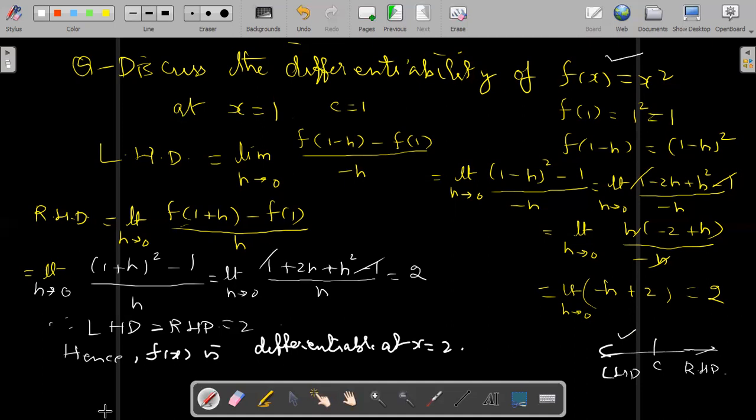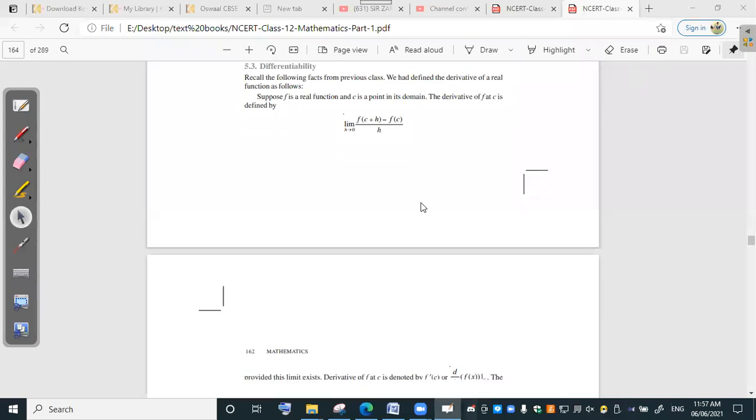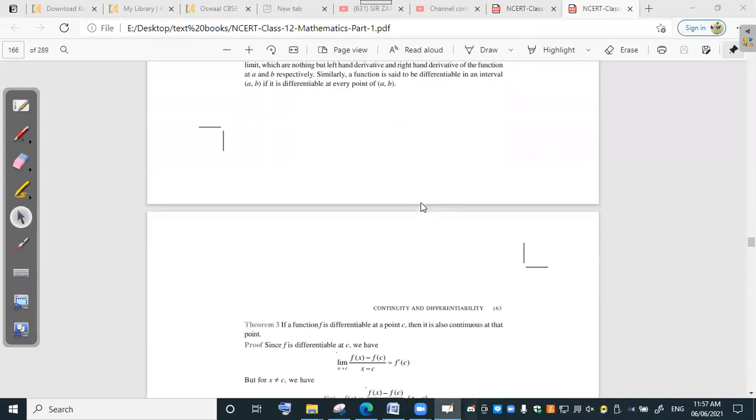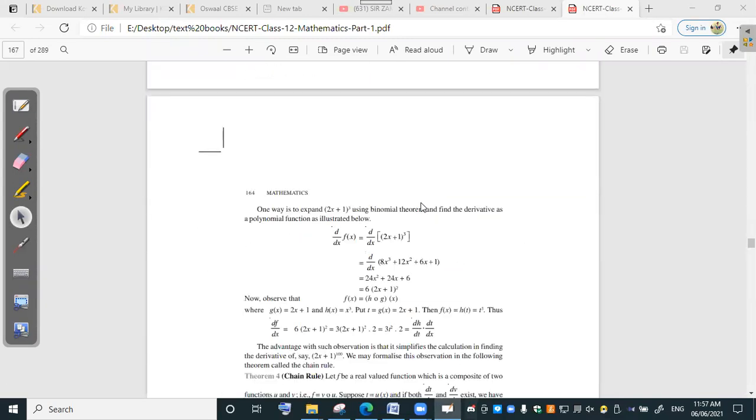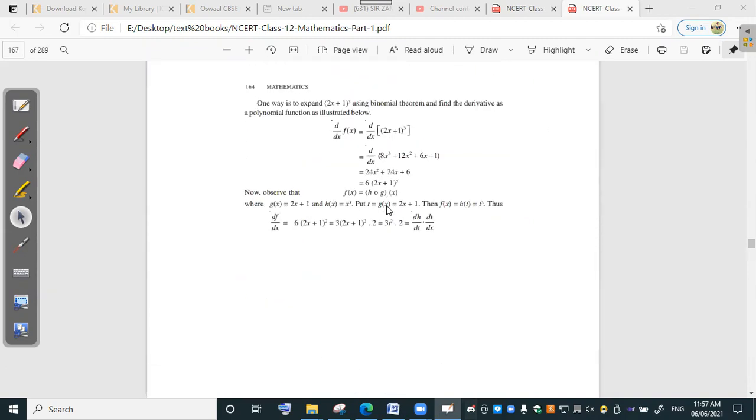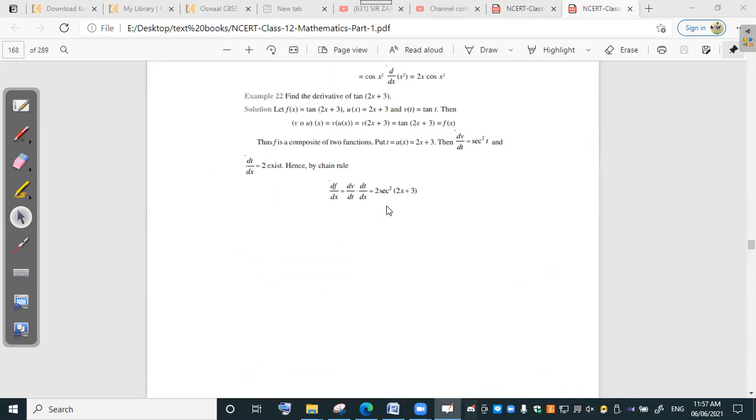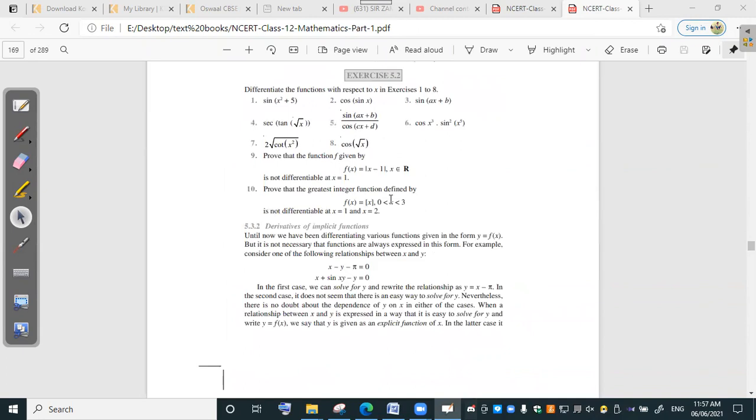You can take that question from your textbook also. I think there are very few questions where we have to check the differentiability. Differentiability is explained here, and we will see one more thing, the geometry and composite functions.